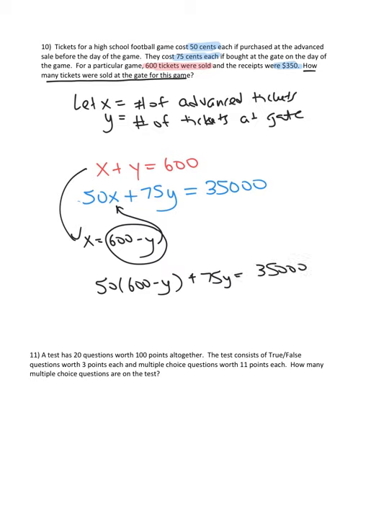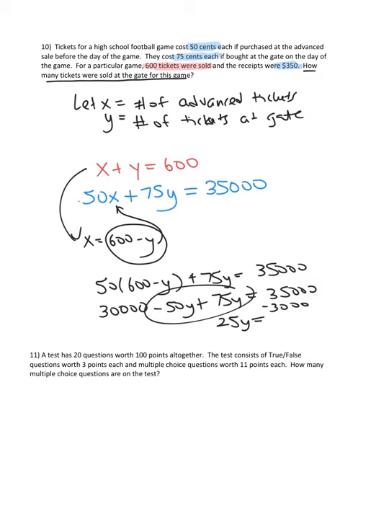I'm going to distribute. I have 30,000 minus 50y plus 75y equals 35,000. I'm going to subtract 30,000 and combine these, so I have positive 25y equals, and I'm subtracting 30,000 also at the same time. So I have 5,000.